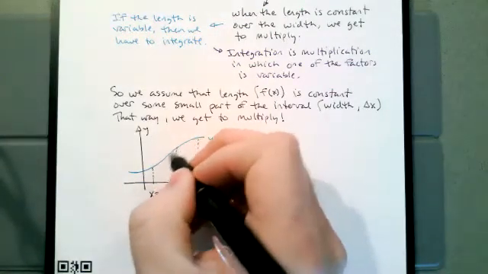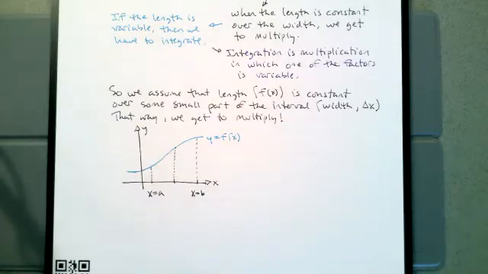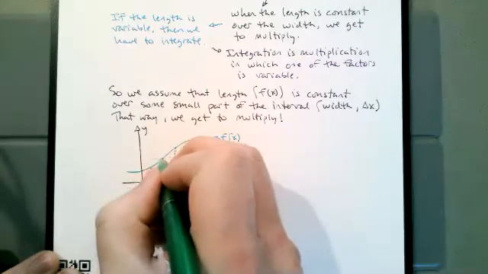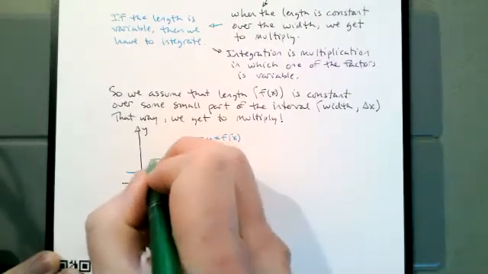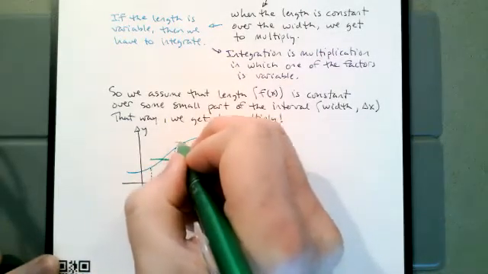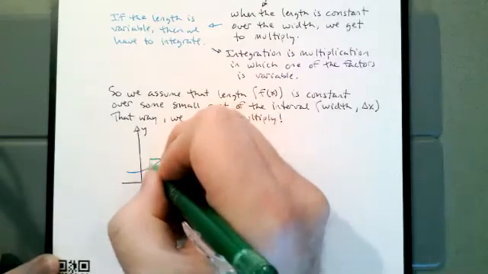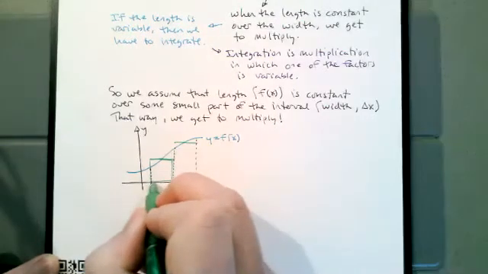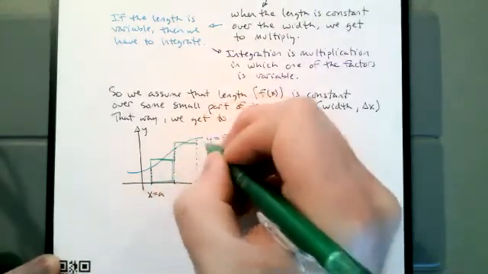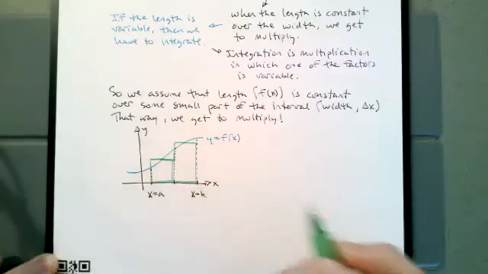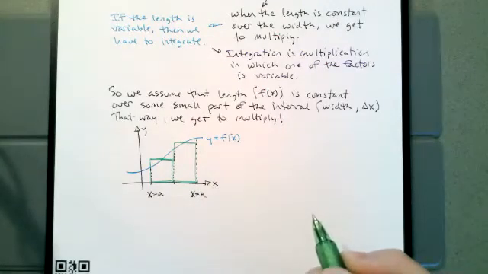So instead of all this change that we see in the function, we're just going to flatten things out. And we're going to view the function as this value between these two points, and then this value between those two points. So we're going to view the area as, in this case, a pair of rectangles, and we're going to use that as an approximation of the area.